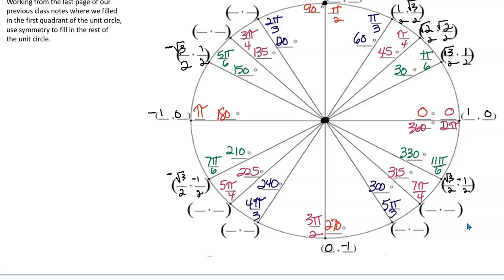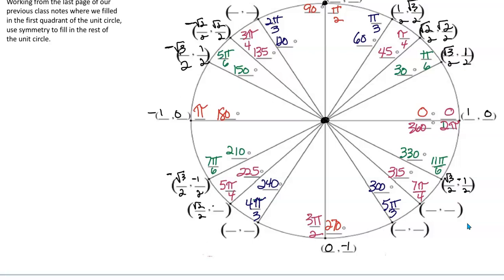Okay, let's go through the pi over 4s. So anything with the denominator of the radian that has a denominator of 4, we're going to do. Okay, so I get 3 pi over 4. Same absolute value, but in the second quadrant, the x is negative. 5 pi over 4.